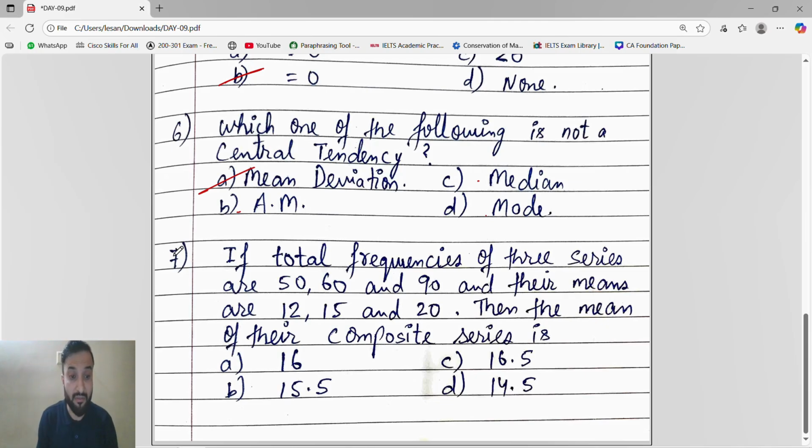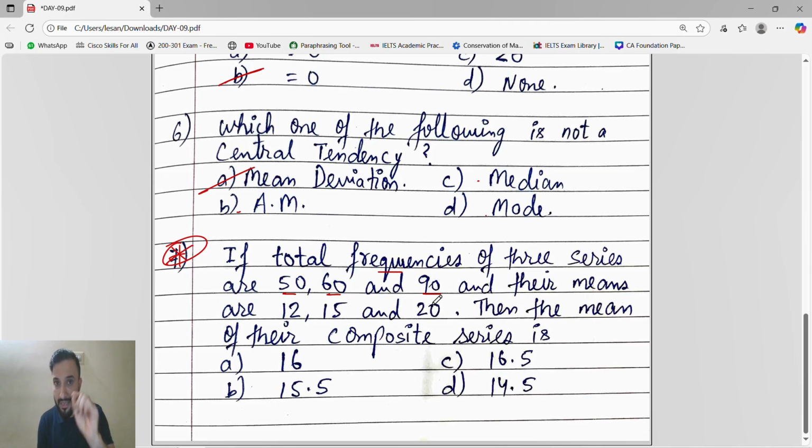The 7th question is very important, guys, because this is easy, we know how to do this type of sums, but reading the question you will get confused. Let's see. They said the total frequency of three series are 50, 60 and 90.